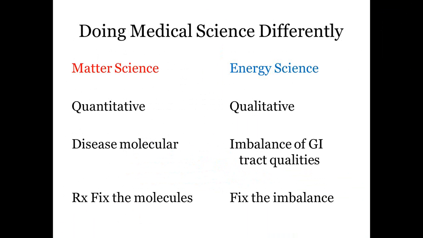So doing medical science from an energy science perspective versus a matter science perspective requires that we have some understanding of the differences between the two. The matter science measures molecules, a quantitative way of doing the management of disease, whereas the energy science looks at disease in a qualitative way.